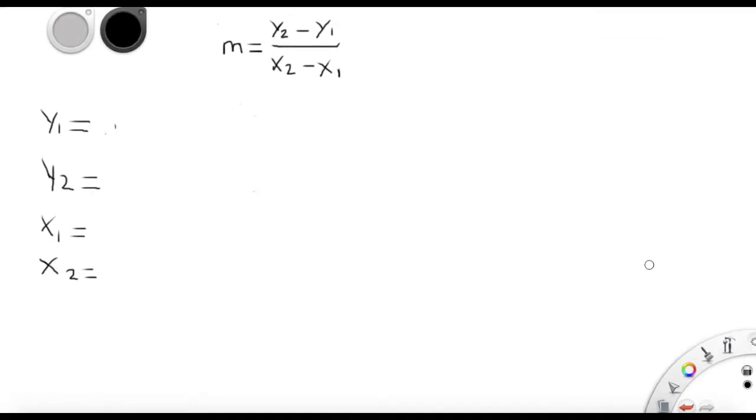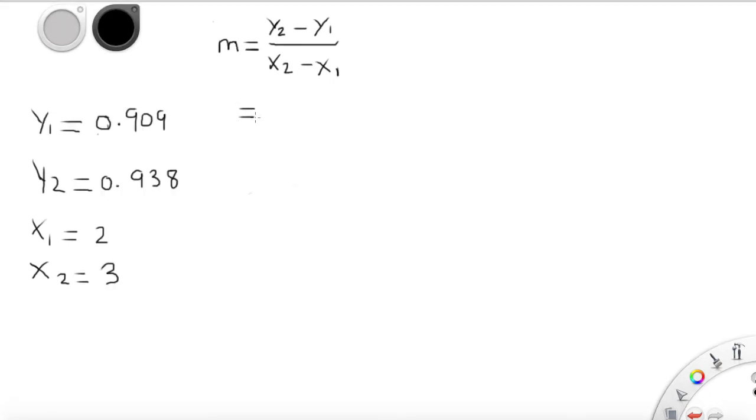Now let's calculate the slope between 2, 0.909 and 3, 0.938.